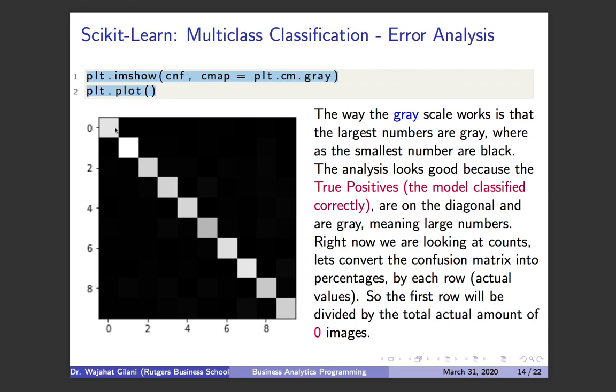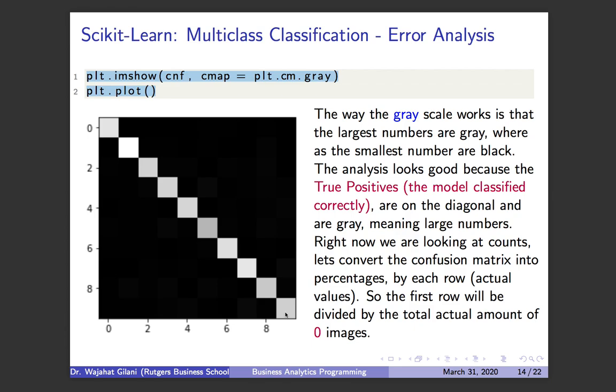Meanwhile, 0 had 10,000 values it was trying to predict, and it had 50% accuracy. That would still be 5,000 versus 100, and this would be like black, and this would be like white, and it would say this class was predicted very well compared to that one, which is not the case. So we really don't want to deal with whole numbers. We want to deal with percentages, ratios, always, right?